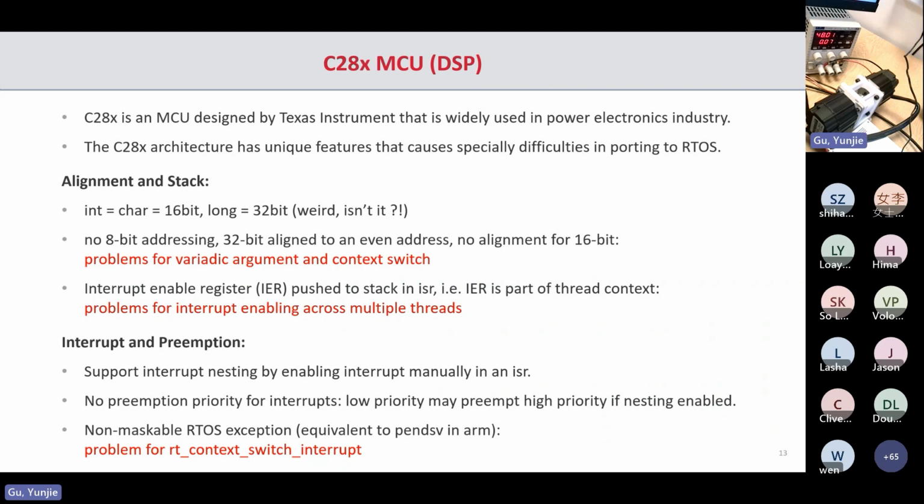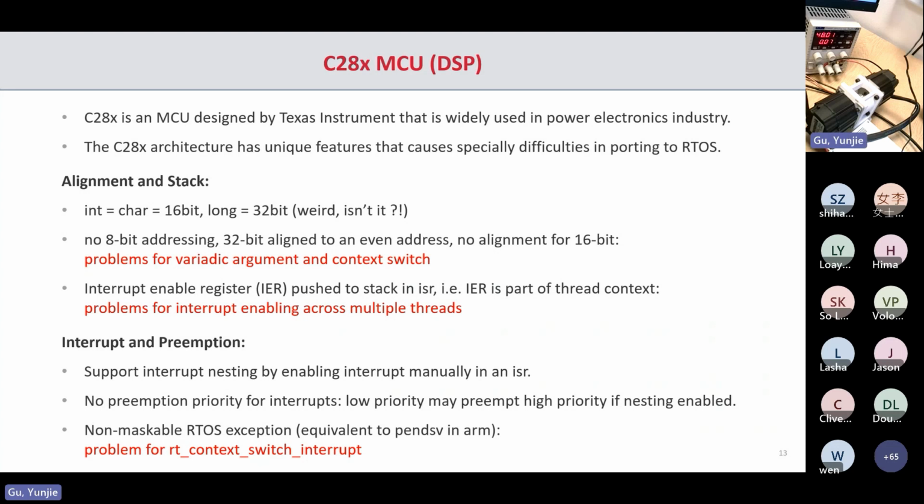And the third issue is the exception. We need some kind of OS exceptions to trigger the context switch, to handle the context switch. And the TI's C28 device does have such an exception, but this exception is not maskable.